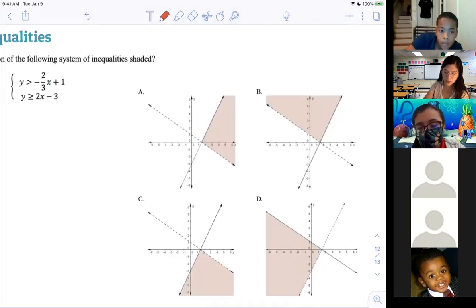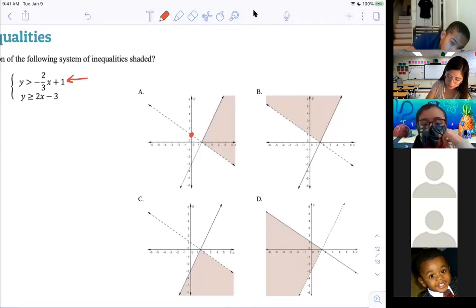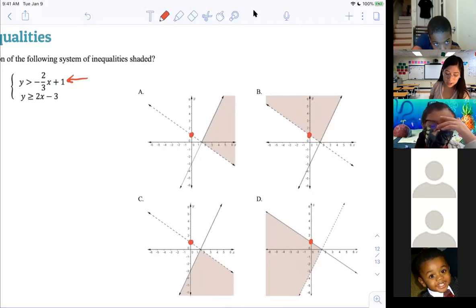I'm going to do that using the y-intercepts. In my top inequality, I'm looking for something that has a y-intercept of 1. So I know it's going to be in graph A, it's this one. Graph B, it's this one. C is this one. D is this one. And then I look at my symbol.